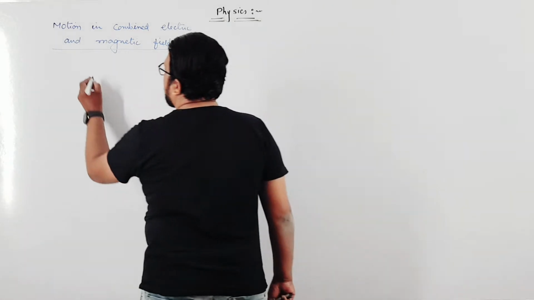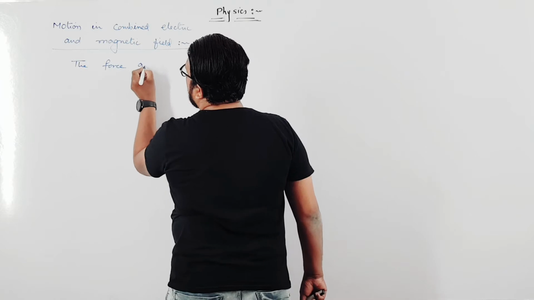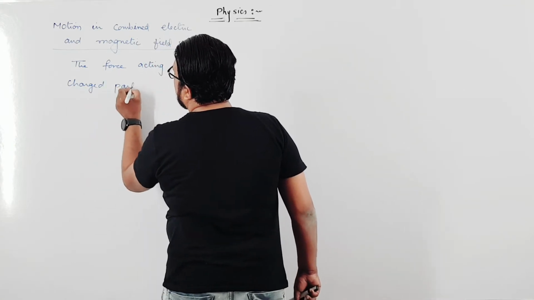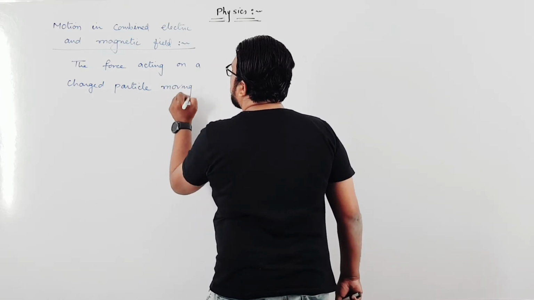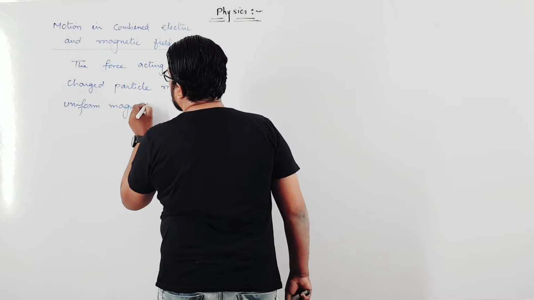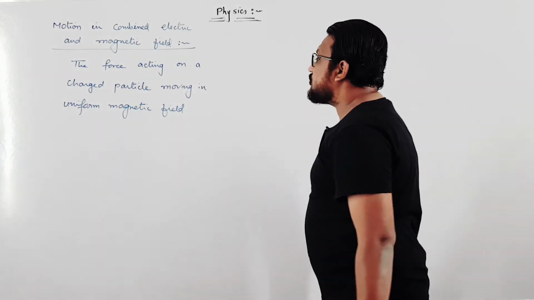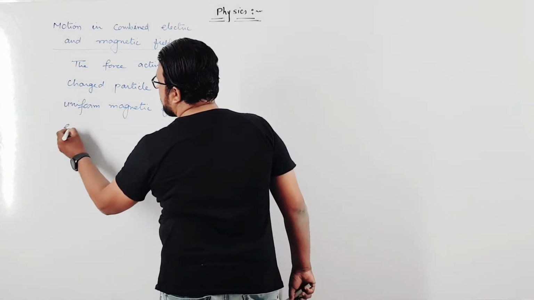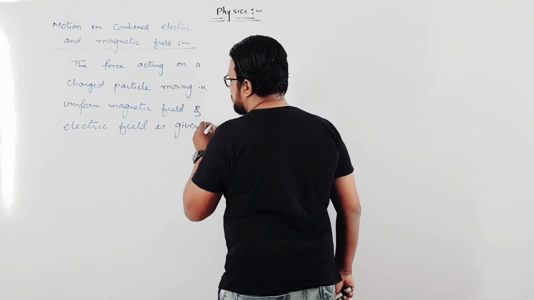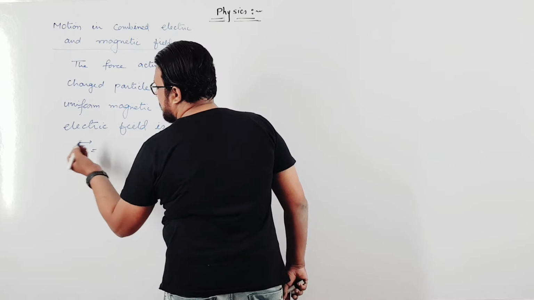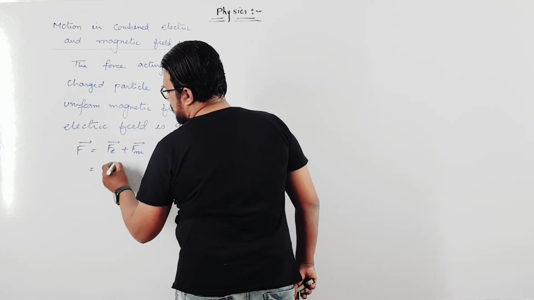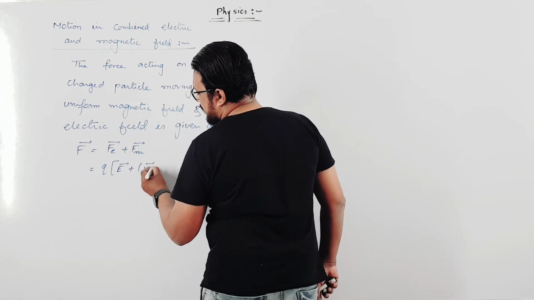Now look, we know that the force acting on a charged particle moving in a uniform magnetic field and electric field is given as, of course this is the Lorentz force, F equal to Fe plus Fm, which is equal to Q into E vector plus V cross B vector.